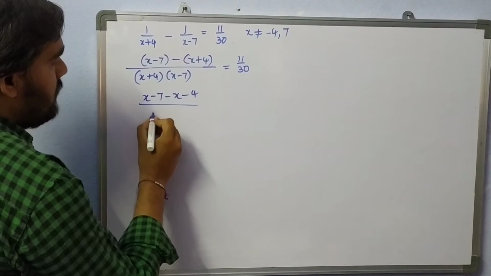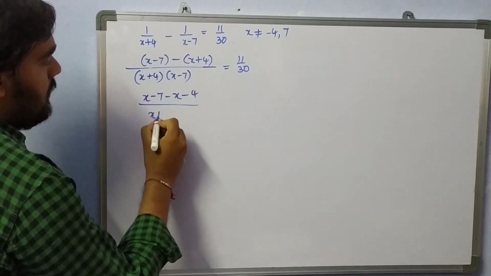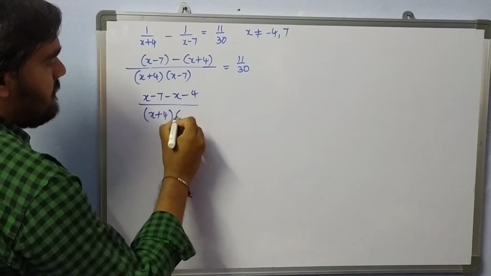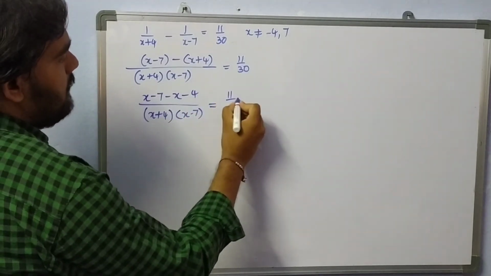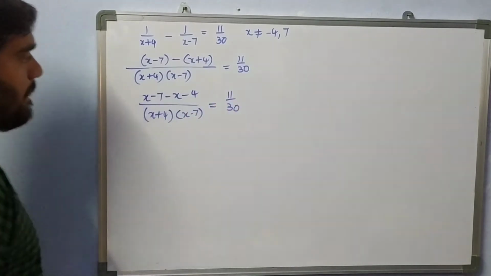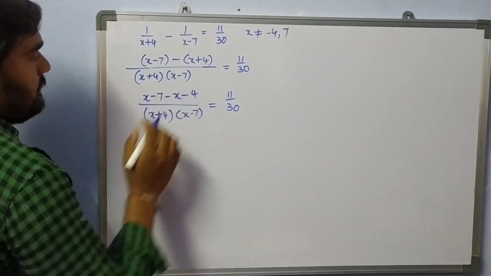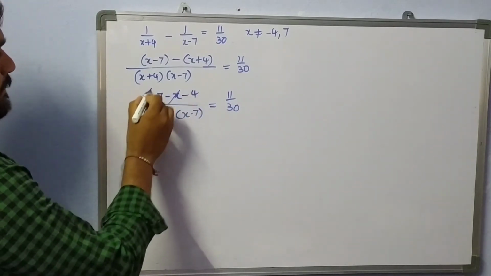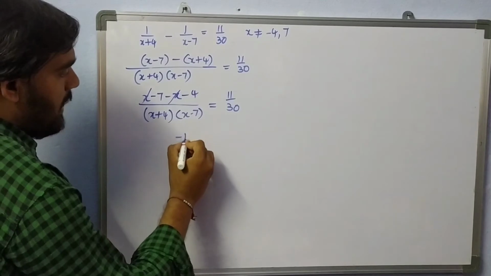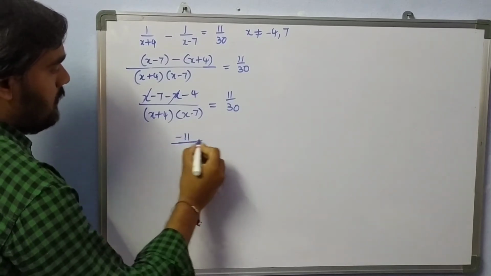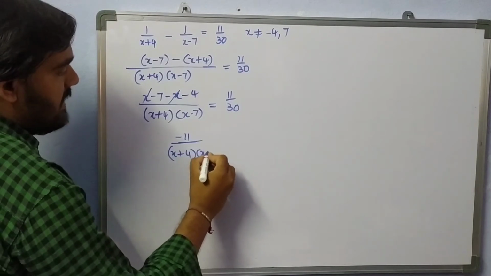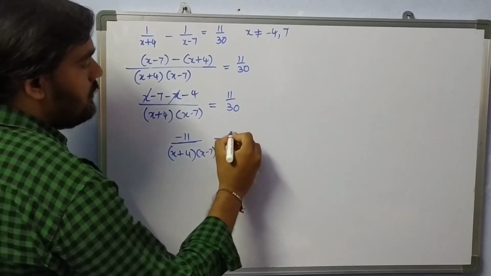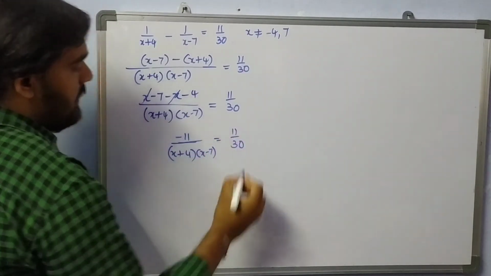Keep like that only, or else you can multiply, no problem at all. Later we will multiply. x plus 4 into x minus 7 is equal to 11 by 30. Now minus x plus x gets cancelled. So minus 11 by x plus 4 into x minus 7 is equal to 11 by 30.